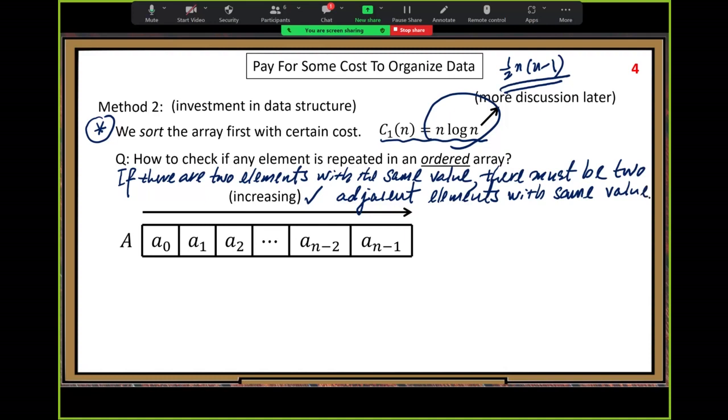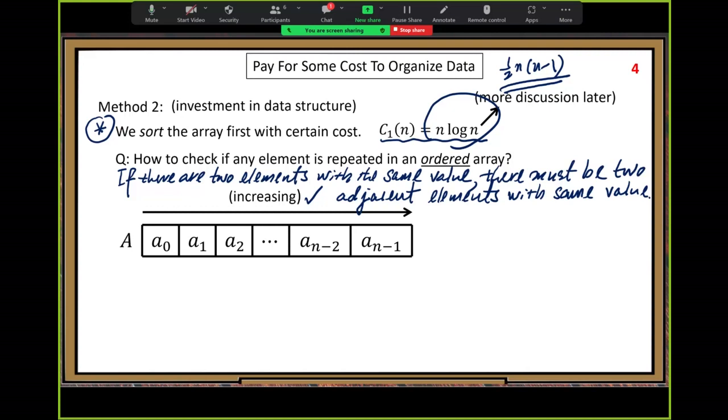If there are two elements in the original array with the same value, because after sorting, do you put all the elements with the same value back to back in consecutive locations, right?